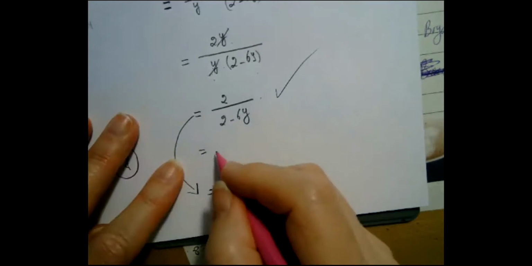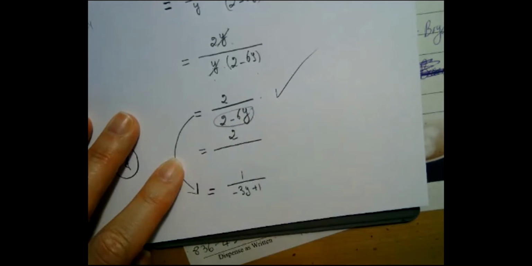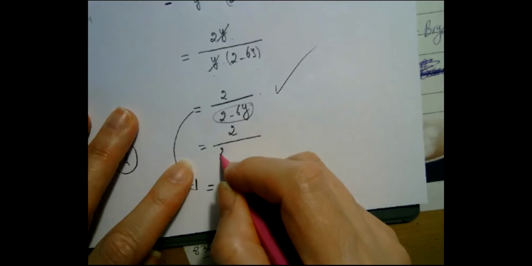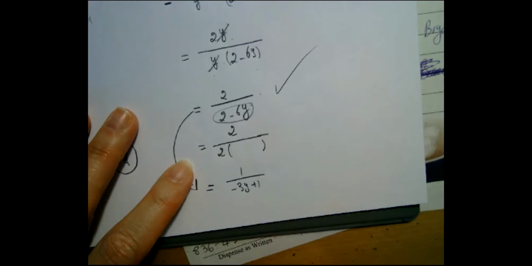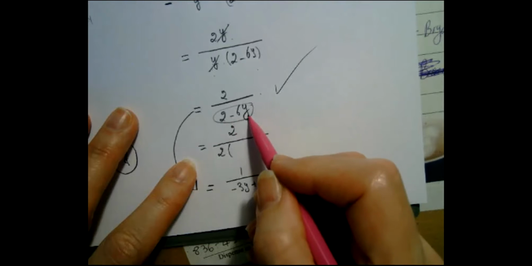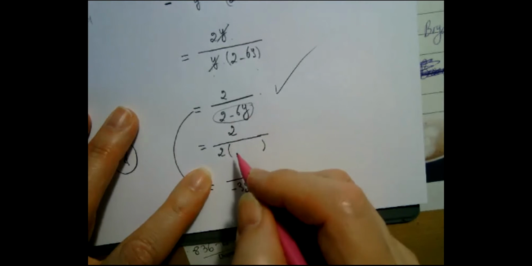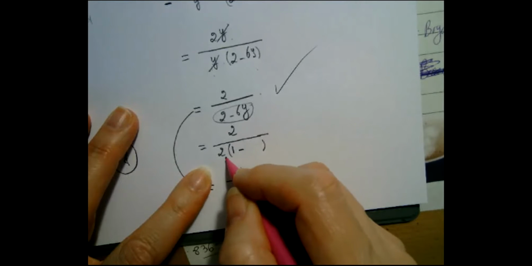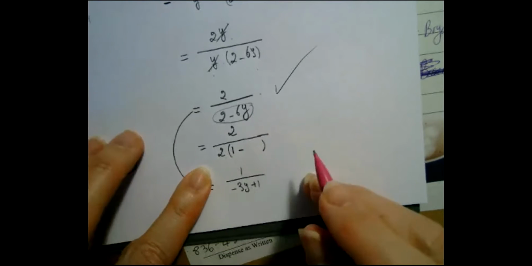Why can I divide by 2? Watch carefully. If I look at the denominator, can I factor the 2 out? Means can I put 2 as a factor here? Yes or no? There is a 2 here. 6 is 3 times 2. So I can factor out the 2, and I will be left with 1 minus what here? 3y.